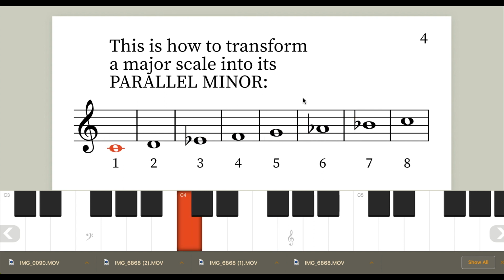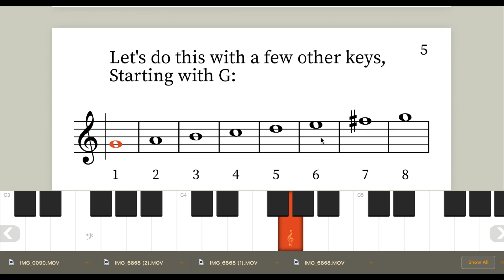And so now what we have is the parallel minor, C minor. So we lowered 3 notes, the 3rd, the 6th, and the 7th. The 3rd, the 6th, and the 7th. Well, that's a pretty good time. Let's do it with a few other keys.